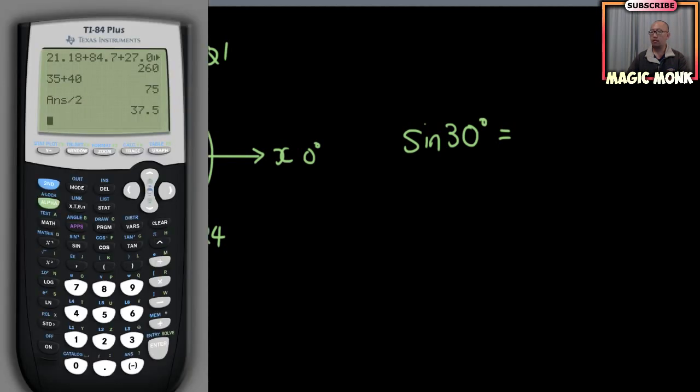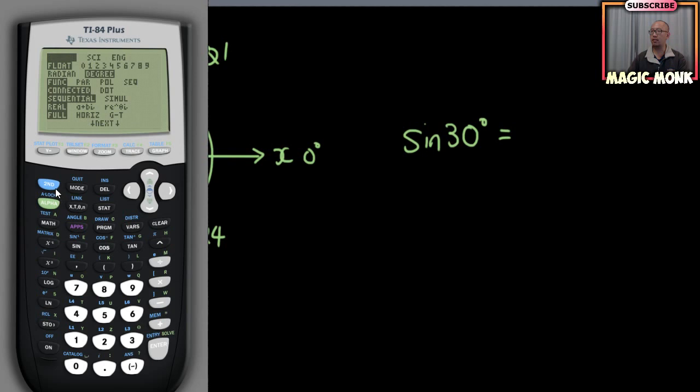So for example, if I have sine 30 degrees, and you work that out on your calculator, just make sure your calculator is on degrees first. Mode, degrees.